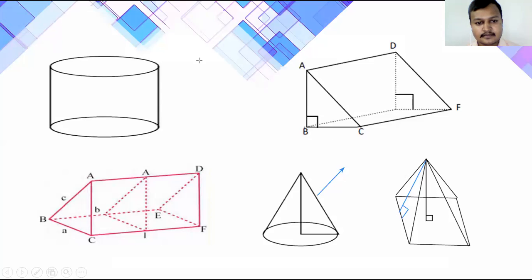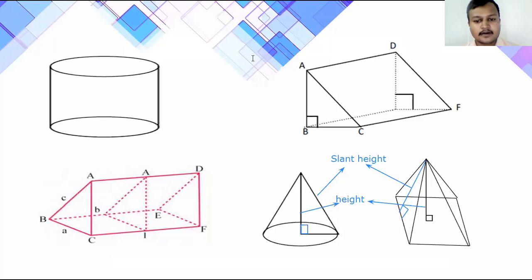And these both for cone as well as for pyramid, these are slant heights. And these vertical lines which make angle of 90 degree to the base, these are called heights or generally vertical heights. These vertical lines are heights or vertical heights.